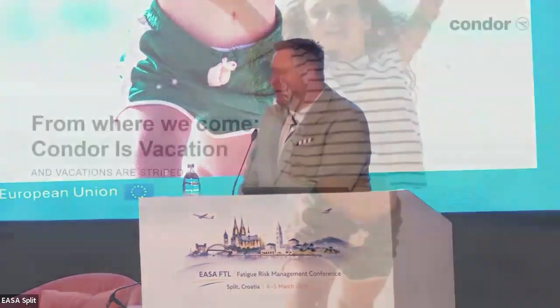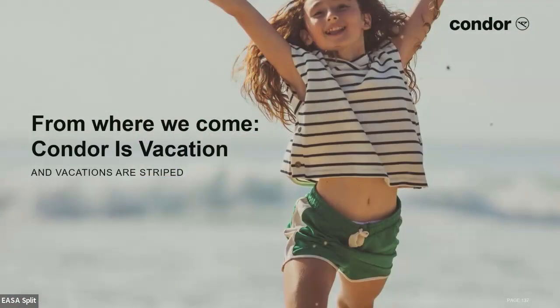So who are we from Condor? This is our history. We came from vacations. Condor is or was vacation, and vacations are striped, as you can see on my tie. This is just our branding. We were one of the big German vacation airlines.